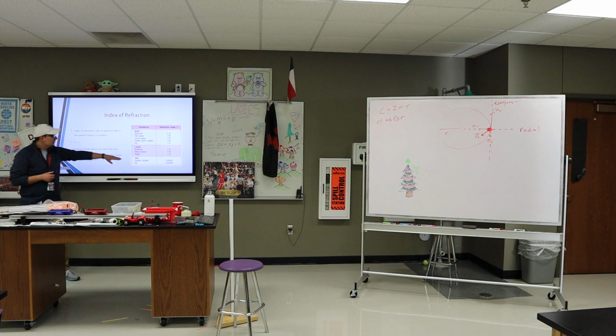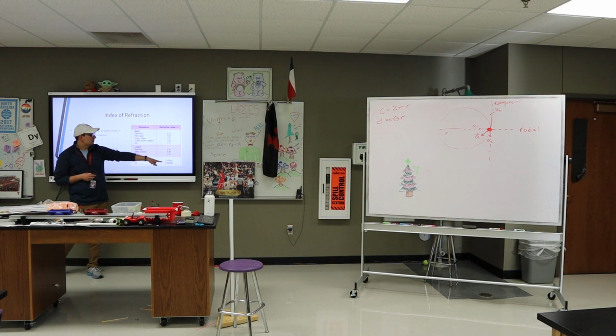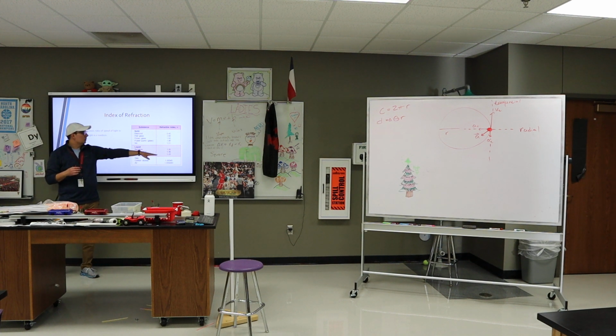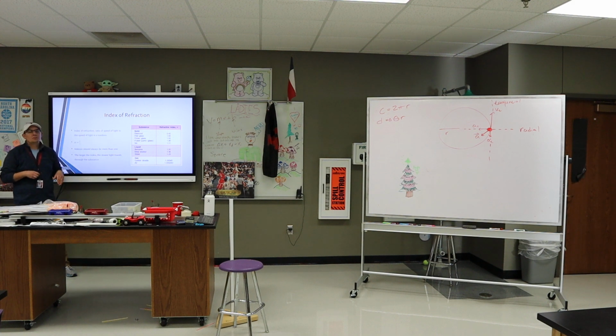So if you look here, like air, I told you the other day, air is essentially the same speed as vacuum. And you can see that here because the index is 1.000293, right? And so it's very close to 1. Where you start to see things happen are like water is 1.33. So water is going to cause light to refract more because it's going to slow down more as it goes through it.